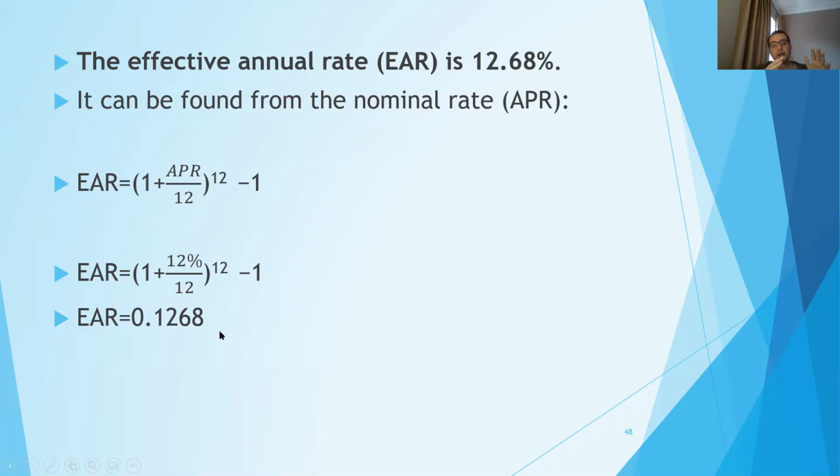So actually, if you pay on a monthly basis with 12% nominal interest, the equivalent rate is not 12%, but 12.68%. So more than 12%. What you are paying is 12.68% a year, which is the effective annual rate, right?